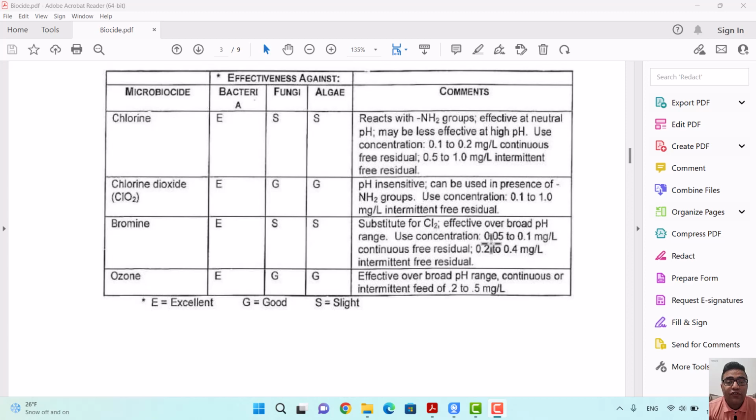Use concentration 0.05 to 0.1 ppm continuous free residual and 0.2 to 0.4 ppm intermittent free residual. Ozone, effective over broad pH range, continuous or intermittent feed of 0.2 to 0.5 ppm.